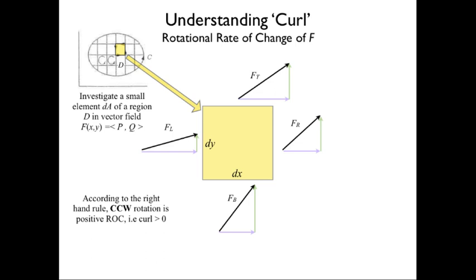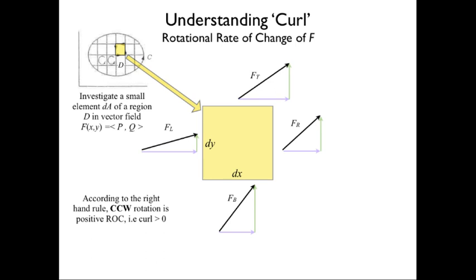For a vector field, the horizontal components, the x components, are P. We use capital P, purple for P. And then the vertical components are Q, green for Q. So we've broken up those vectors into their P and Q components.